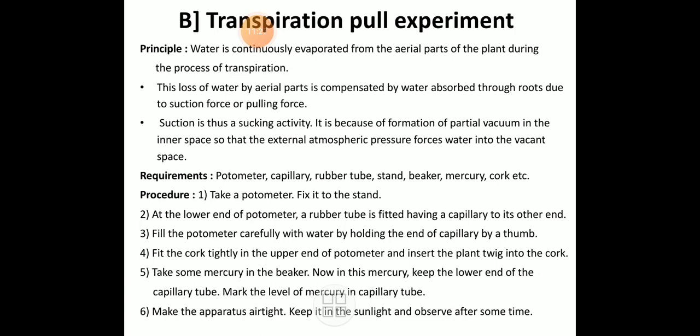Take some mercury in the beaker. Now, in this mercury, keep the lower end of the capillary tube. Mark the level of mercury in the capillary tube. Make the apparatus airtight. Keep it in the sunlight and observe after some time.